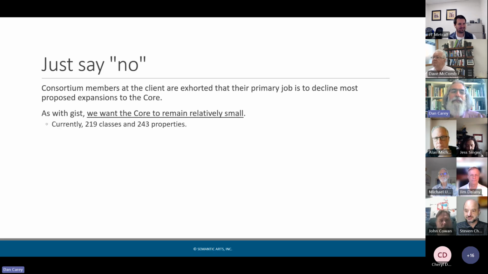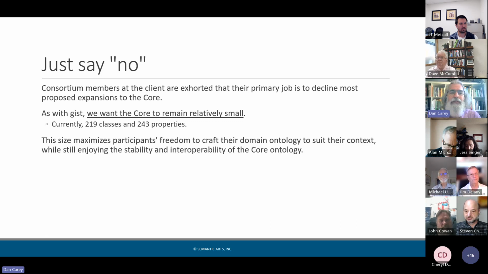But the reason for this was, just like we do with GIST, we wanted the core to stay relatively small. And currently there's 219 classes, 243 properties, which is a little less than double the size of GIST, but it's still a pretty reasonable size of ontology.